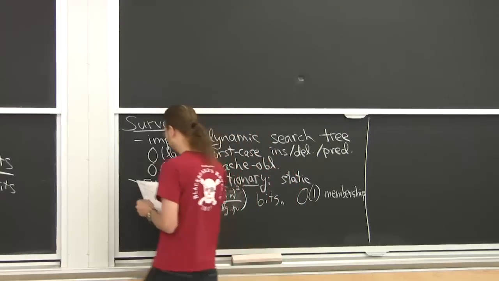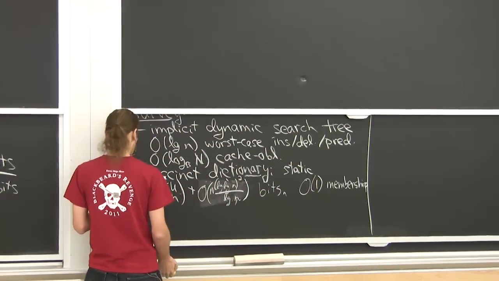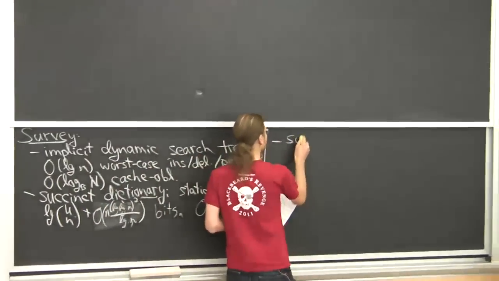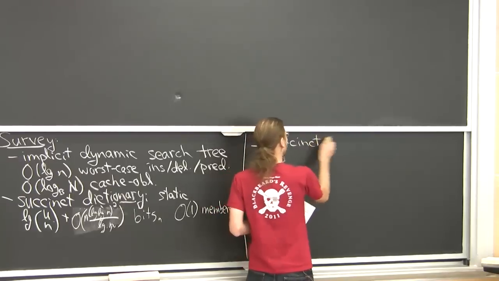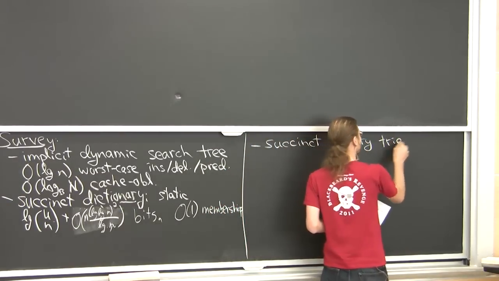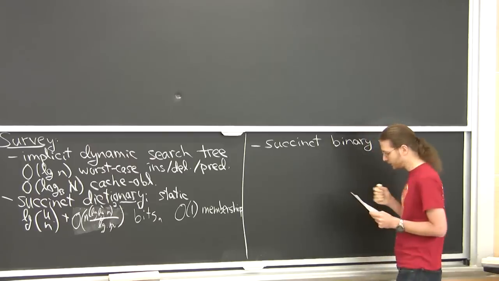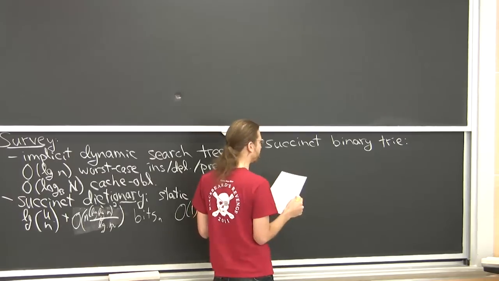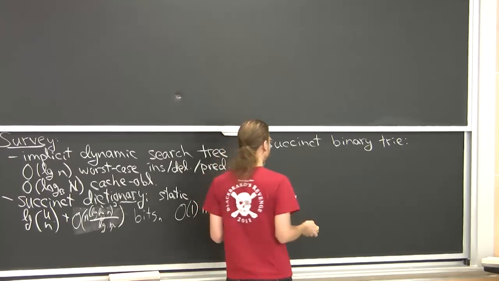Okay, next one is binary tries, which is what we're going to work on today. There are various results on this, but one of the main ones is by Munro and Raman.